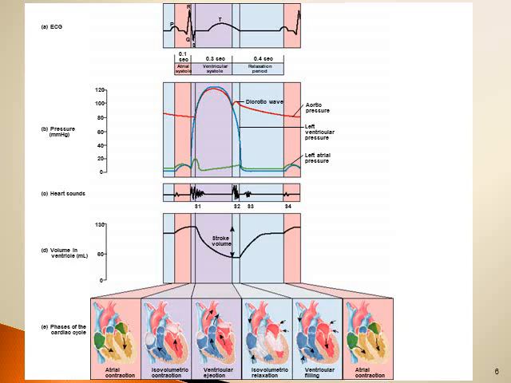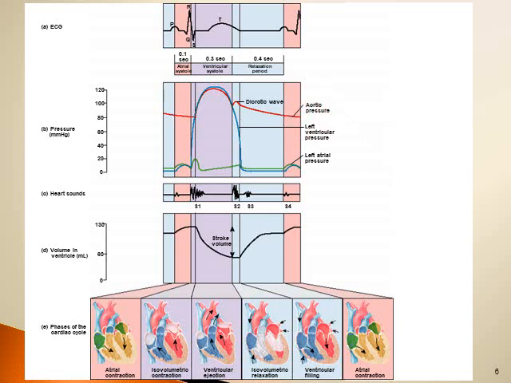We can see the pressure changes that happen in the chambers of the heart and in the main blood vessels that arise from the heart. And in this figure, mainly the focus is on the pressure changes on the left side of the heart, including the aorta that arises from the left ventricle.